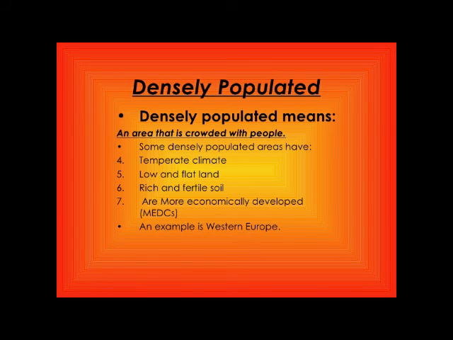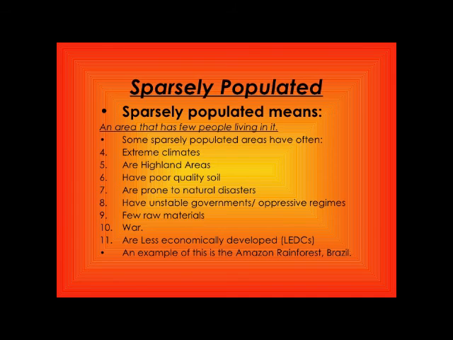Now we come to the densely populated area. Now the densely populated area means an area that is crowded with people. It has a temperate climate, low and flat land, it is rich in fertile soil, and is more economically developed. For example, Western Europe.